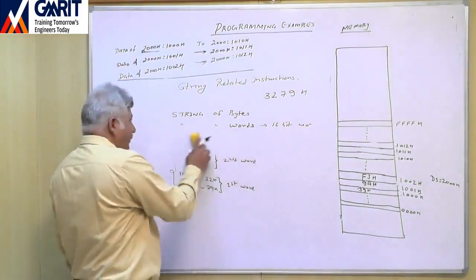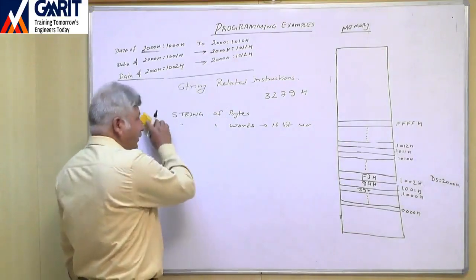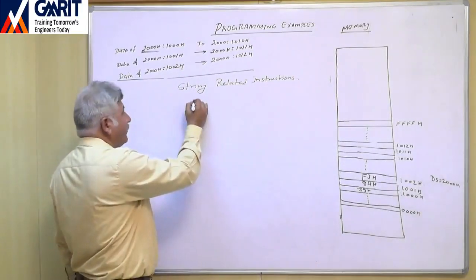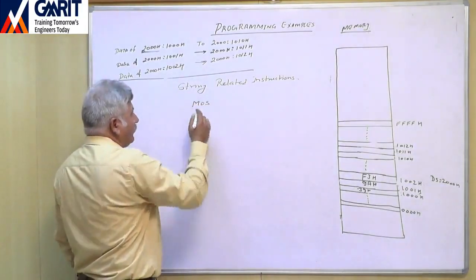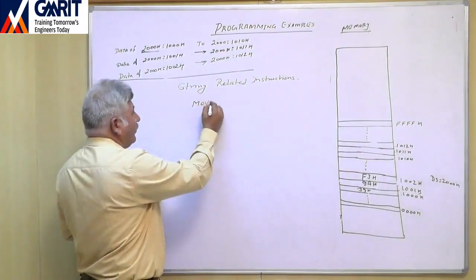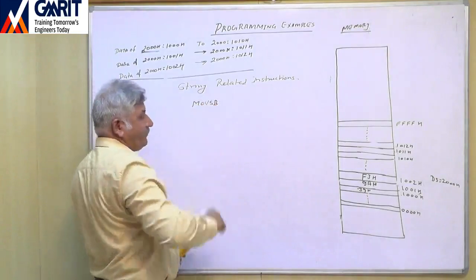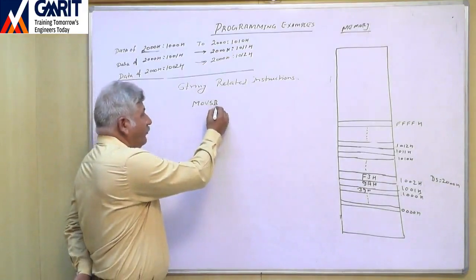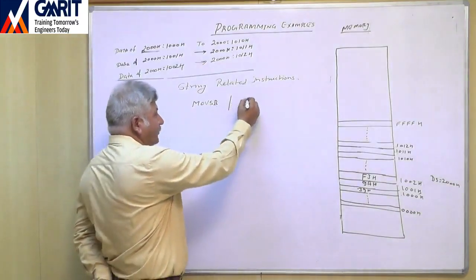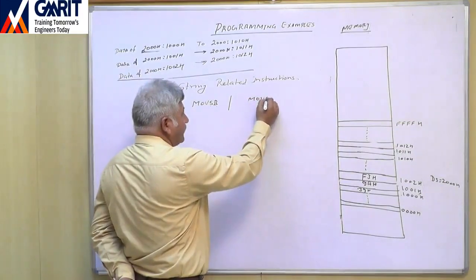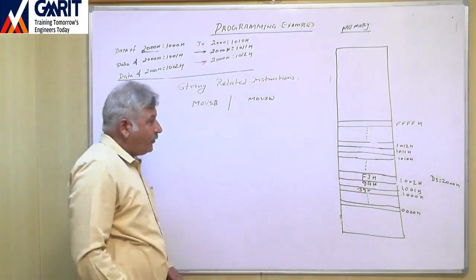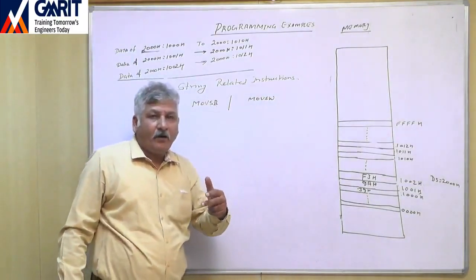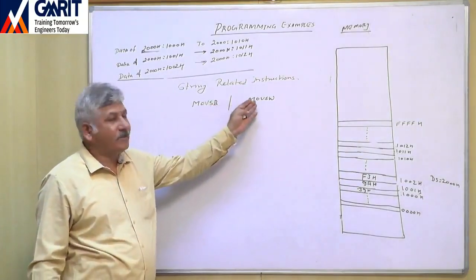So we have string-related instructions in the 8086 microprocessor, and one instruction is MOVSB, right? Move string, S for string, B for byte. Another instruction is MOVSW, move string word. So there are two instructions related to the move operation: move string byte and move string word.